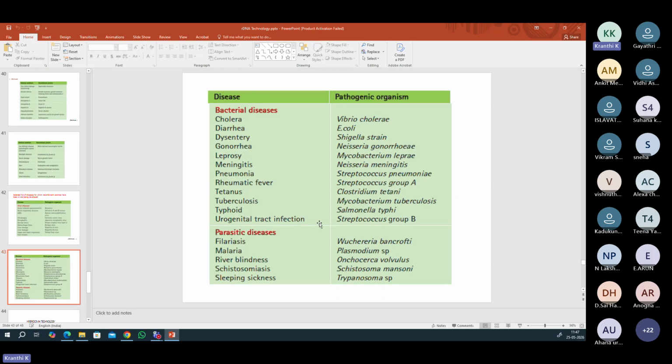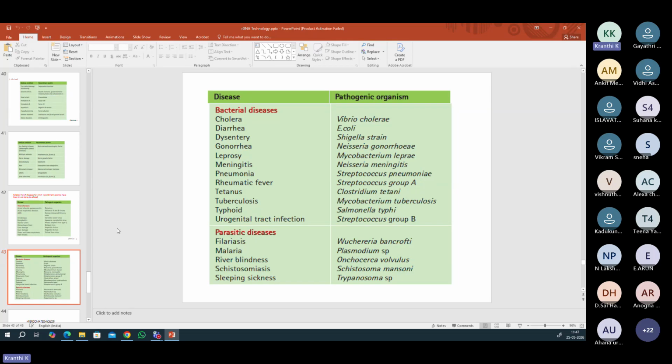Simple: rDNA technology means just keep the desired gene in a plasmid or any extrachromosomal content and place it in one organism. That organism will multiply and give the desired product of that particular gene. Then you extract or separate it and you can use it. So this is rDNA technology.